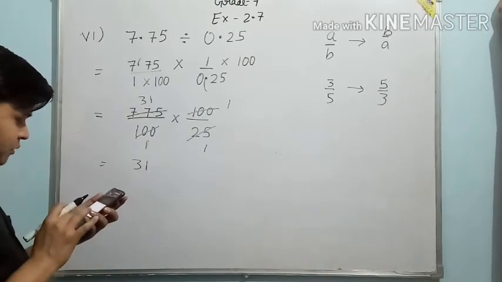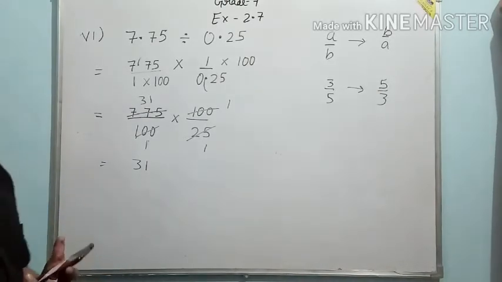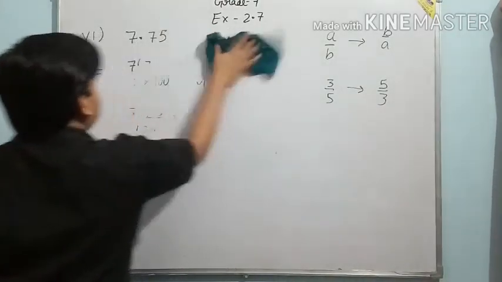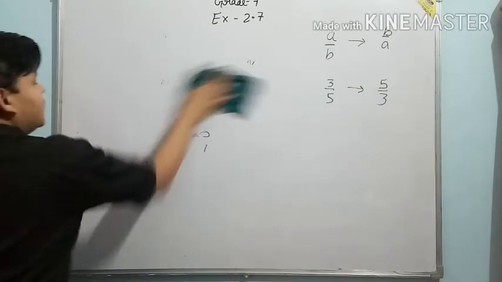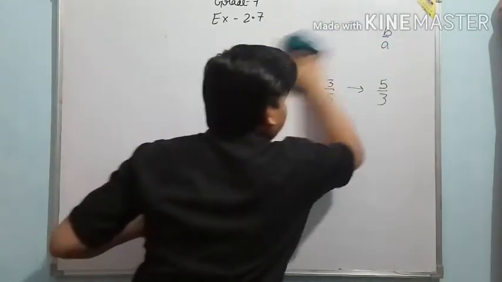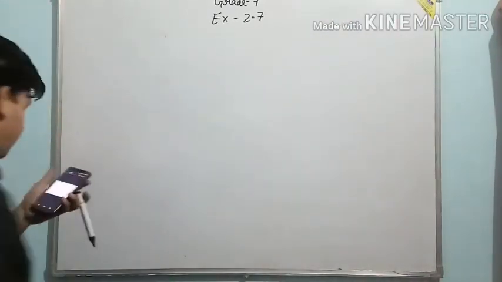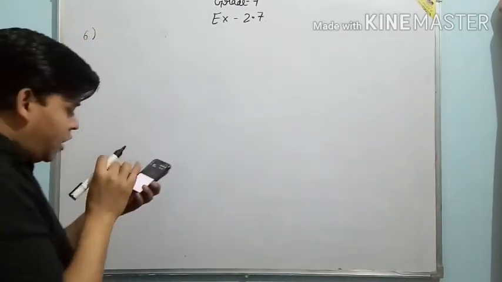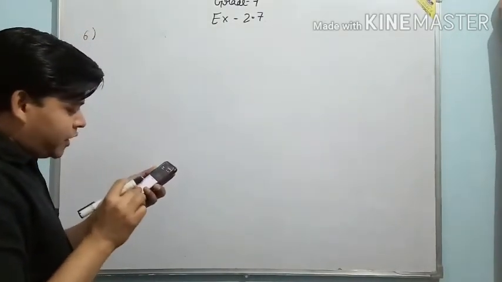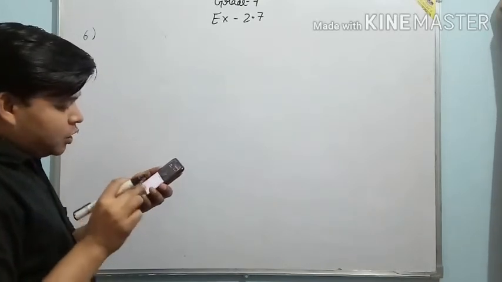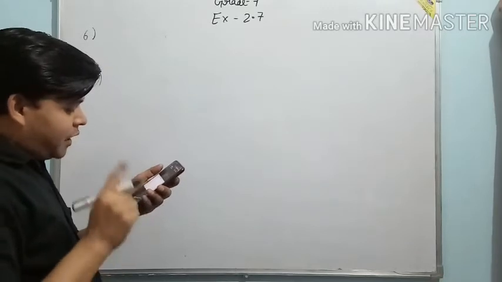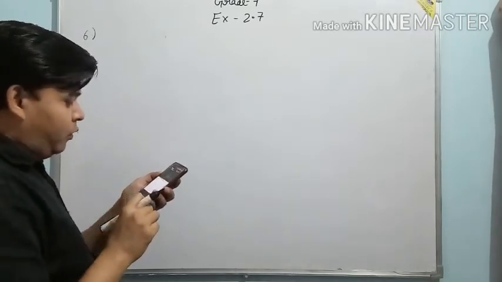So this was question number 5. Next is question number 6. Question 6 is a word problem, but that will also have the same division of numbers. Let's see this: a vehicle covers a distance of 43.2 kilometers in 2.4 liters of petrol, and how much distance will it cover in 1 liter of petrol?